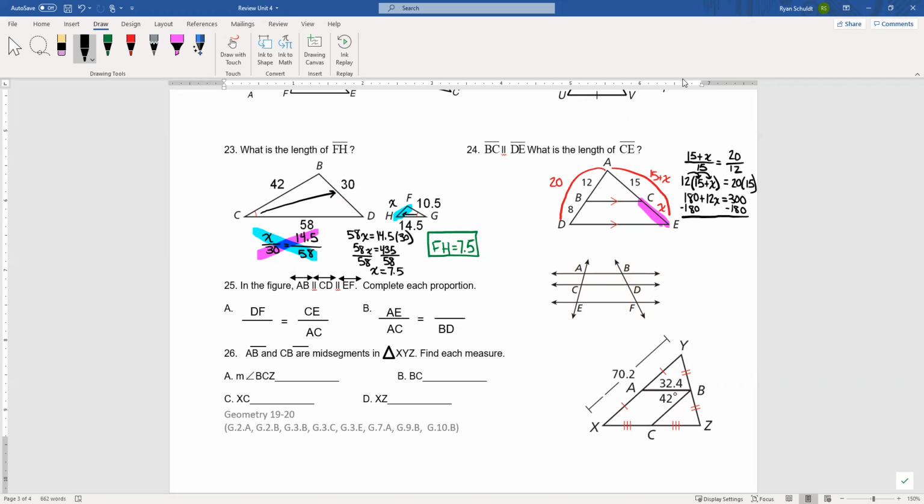We get 12x equals 120. Divide by 12, and we get x equals 10. That x again represents CE. So that means that CE is equal to 10.